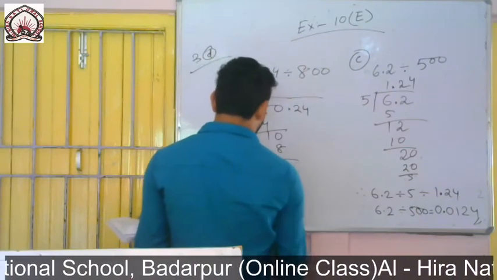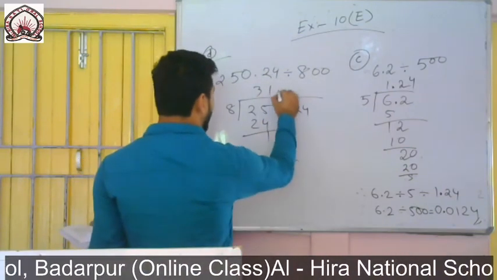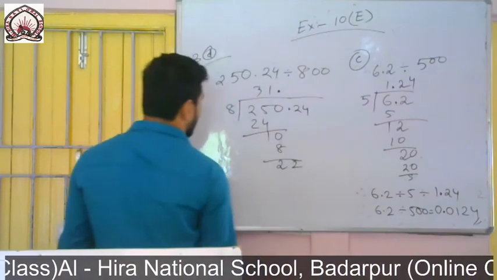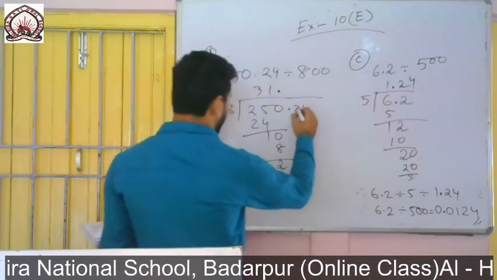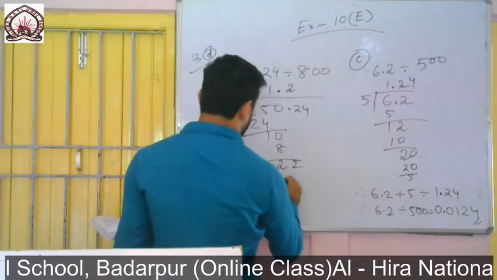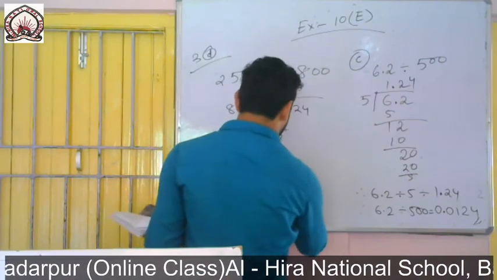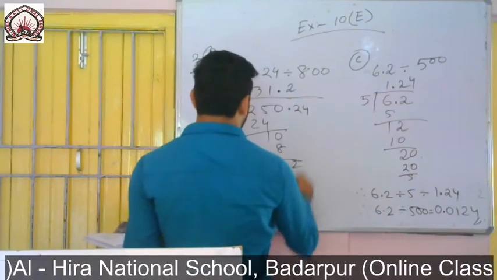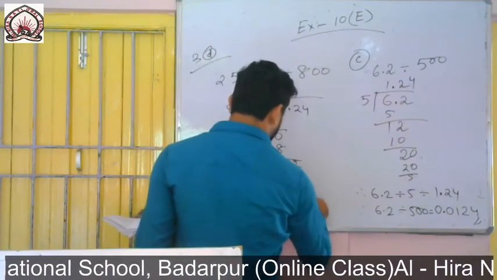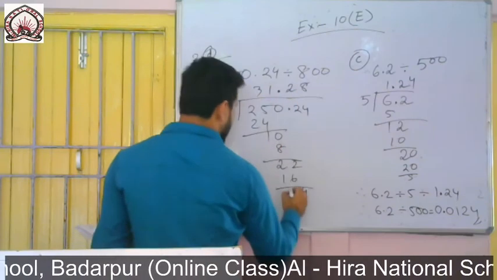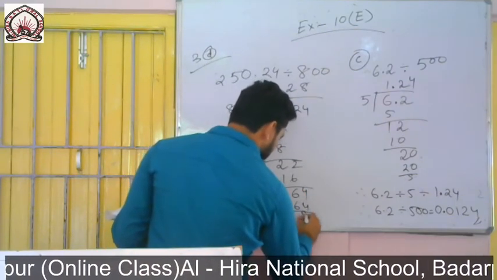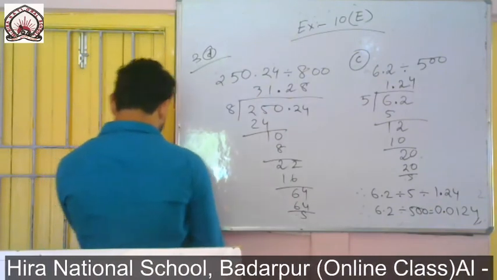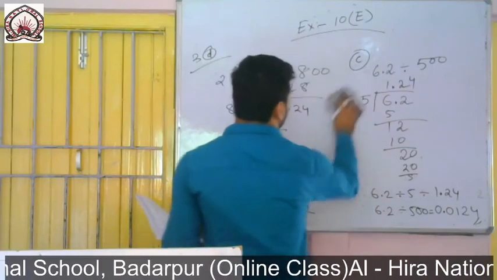Now here remain 2, so 2 is not divisible. After that we are getting point, so we'll put point here. Then 8 2s are 16. Here remain 12, 12 minus 6, 6. So not divisible. So we'll take 4. Then 8 8s are 64. 31.28. 31.28.